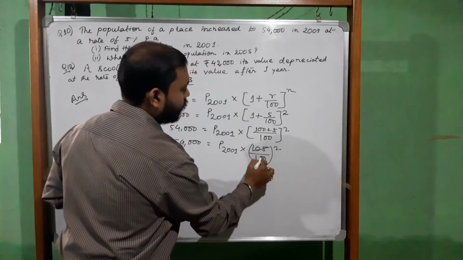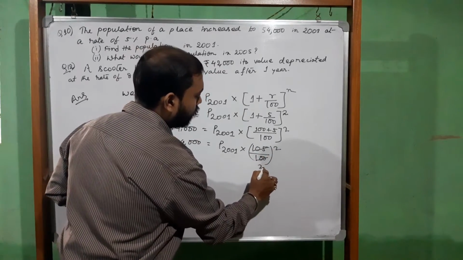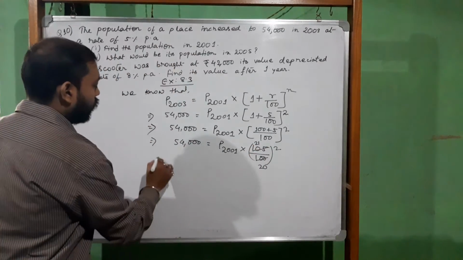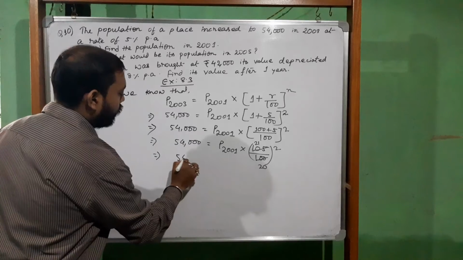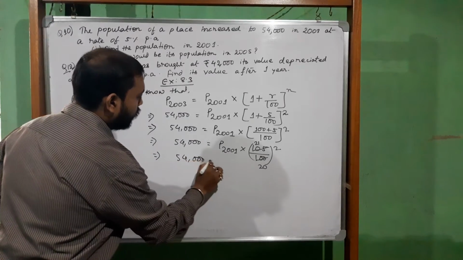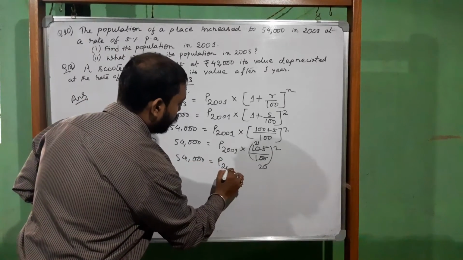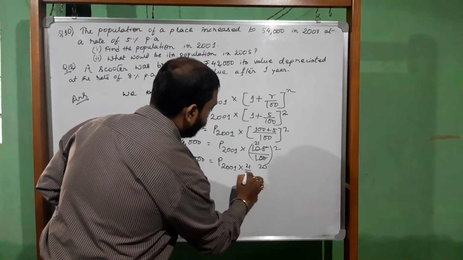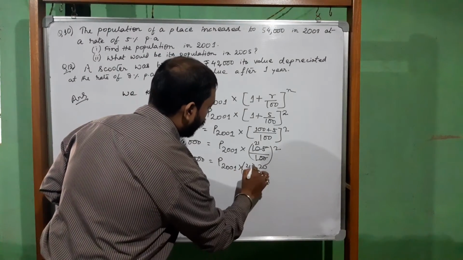Okay, so we can reduce here. You can see 5 into 20 is 100, 5 into 21 is 105. So this becomes like this: 54,000 equals P 2001 into 21 by 20 whole square.